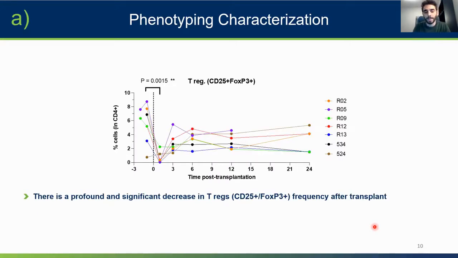And then finally, the biggest impact we saw on CD4 subsets was for the Tregs that we identified as CD25 positive, FOXP3 positive, where we see in the month following the transplant a profound and significant drop in the frequency of that subset.